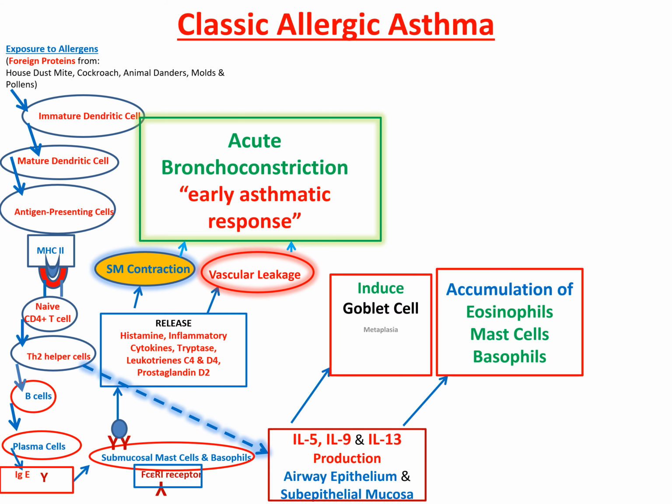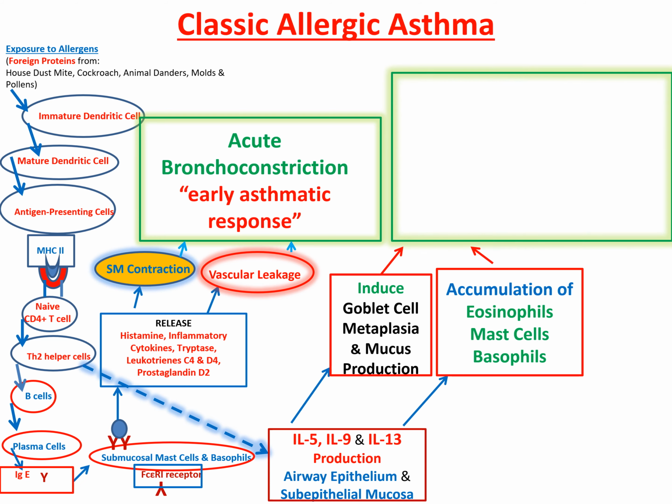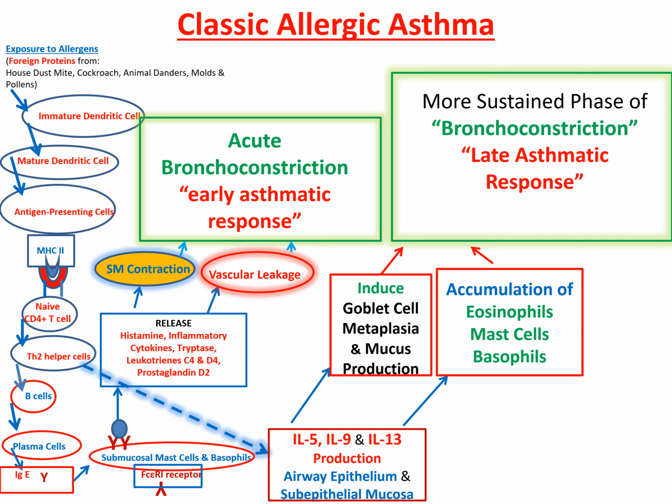Besides, they induce goblet cell metaplasia and increase mucus production. These two events lead to a more sustained phase of bronchoconstriction, which is what we call the late asthmatic response. It usually takes place about 3 to 6 hours after the asthmatic attack.